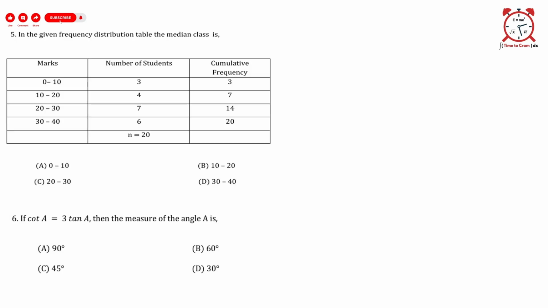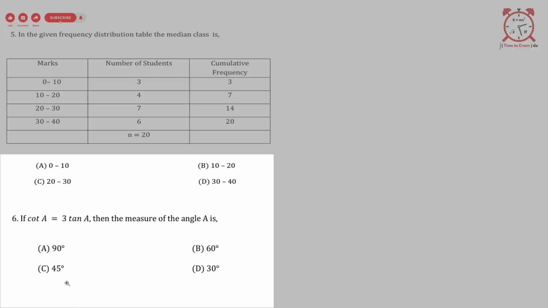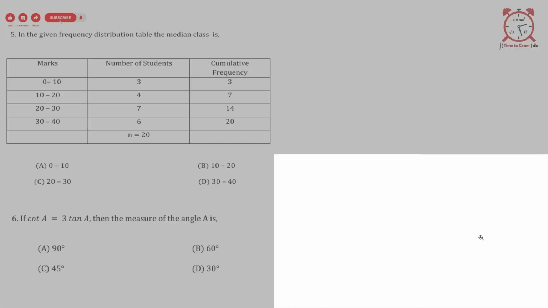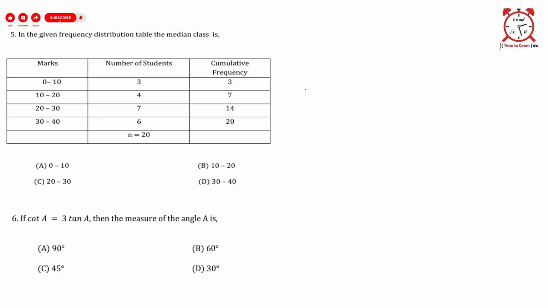Let us go for question number 5 and 6 here. So in the given frequency distribution table, we have to find the median class here. To find the median class, we know that cumulative frequency is very important. Cumulative frequency is in this column, and when we find the median class, we have to calculate n by 2.